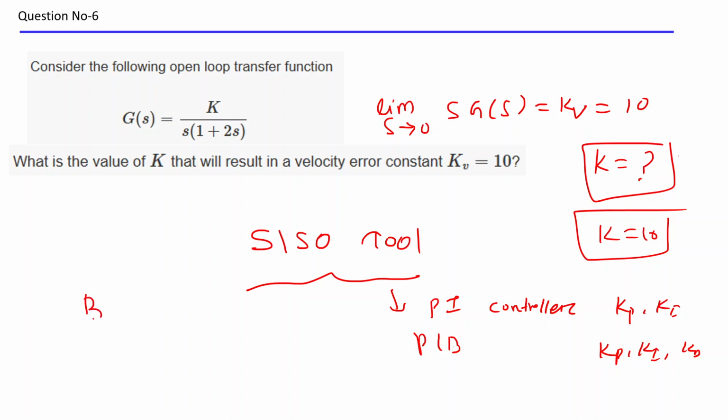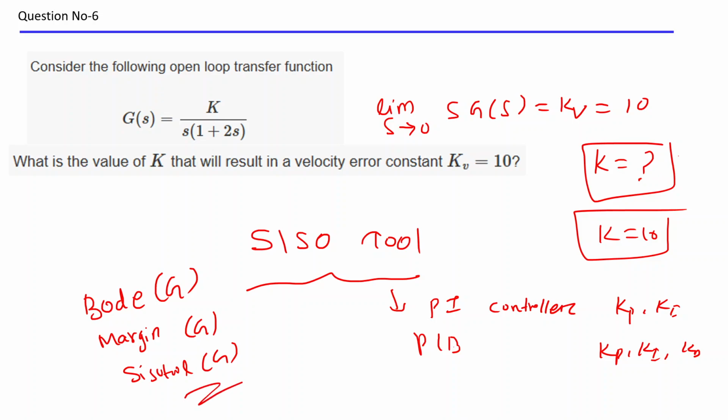In place of bode G or margin G, you write sisotool G. Then a controller window will open. In that, you can add a PI controller and tune the KP, KI values, or do a PID controller based on your application. So these are the design aspects. But for your examination, I don't think a question will come using MATLAB. You have to solve everything by hand or using a calculator.